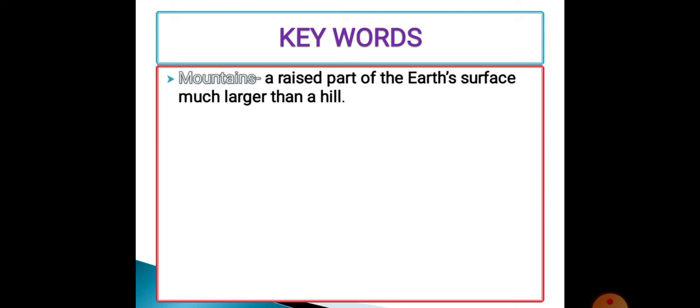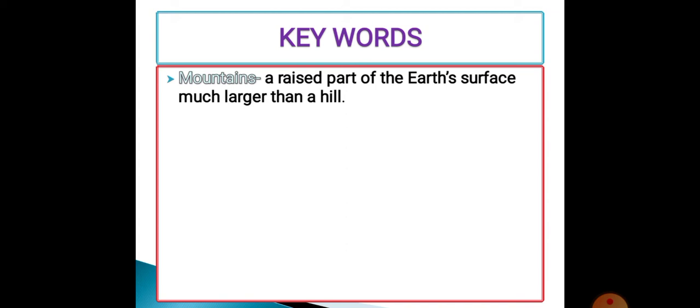As we are reading the lesson, we have seen there are certain difficult words, so we call them keywords as well. To understand the lesson in a better way, we need to know the meaning of the difficult words. So what do you understand by mountains? A mountain is a raised part of the earth.